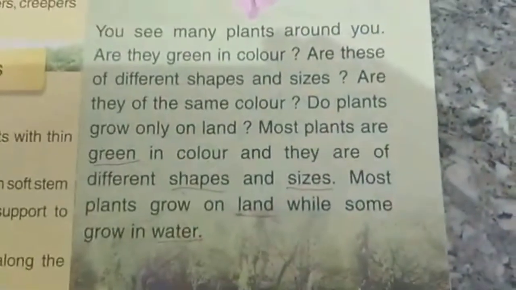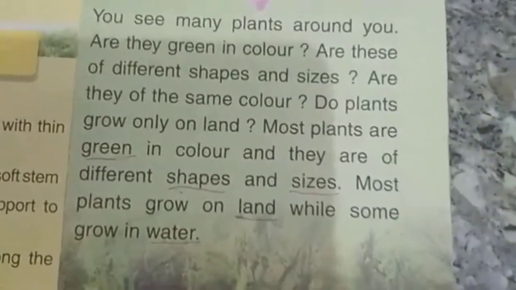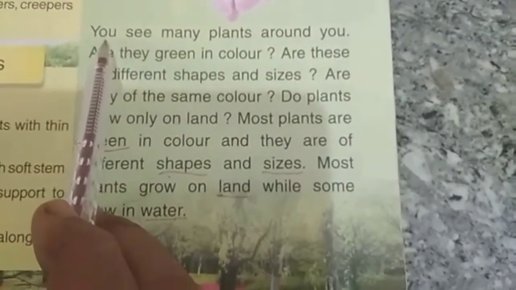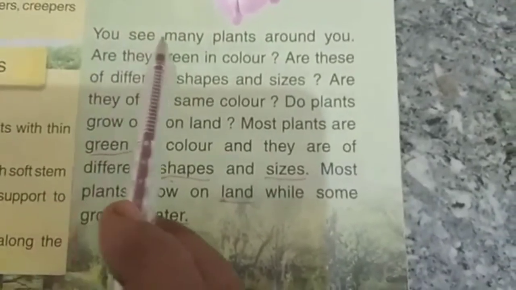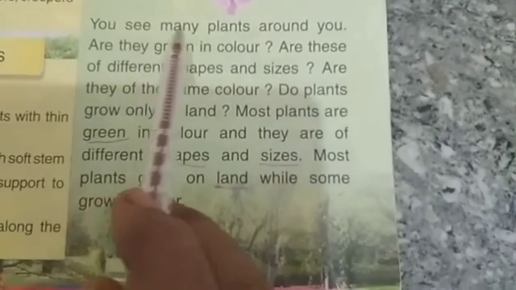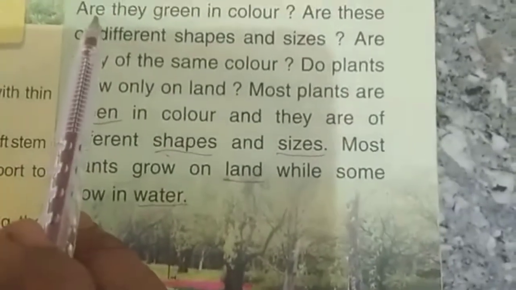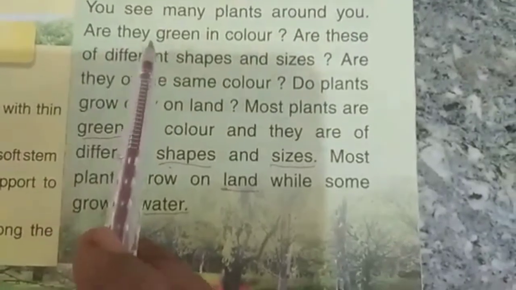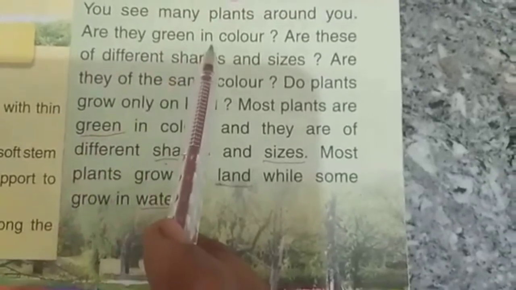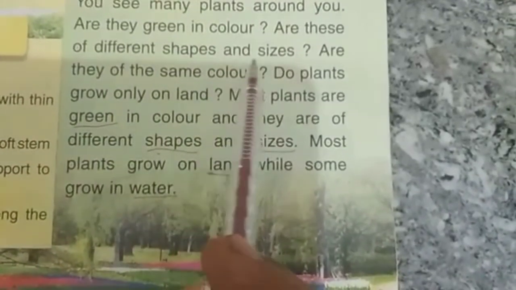Take your pencil and keep it on the line like this. You see many plants around you. Are they green in color? Are these of different shapes and sizes?